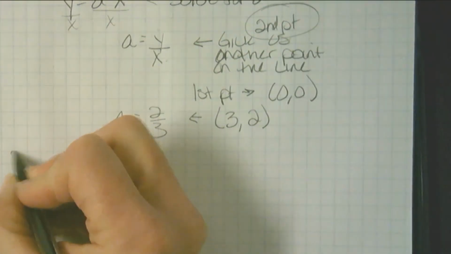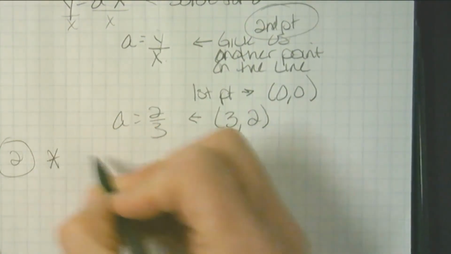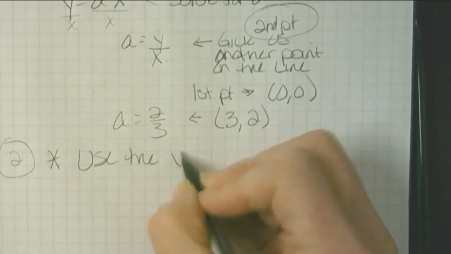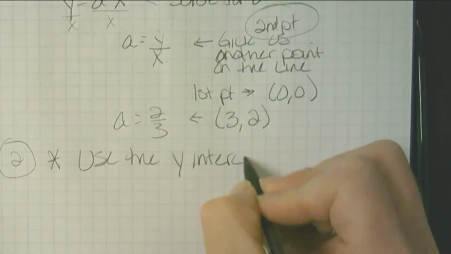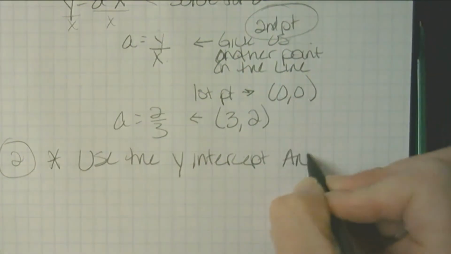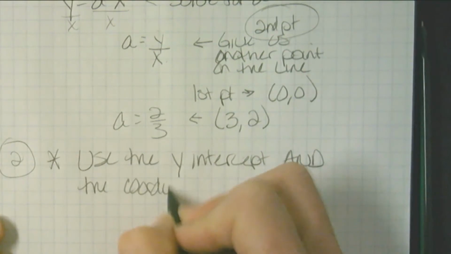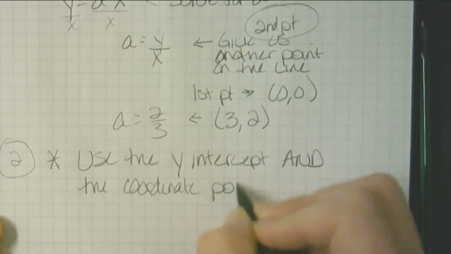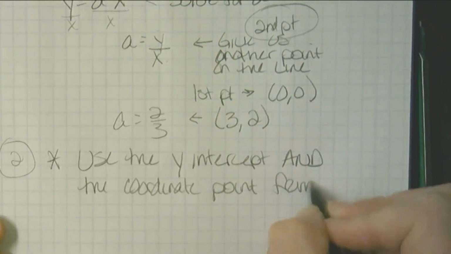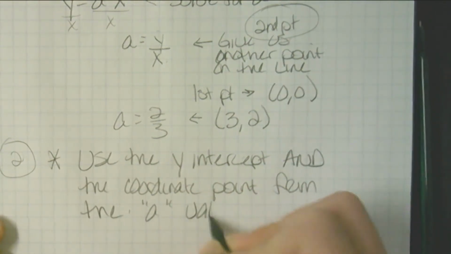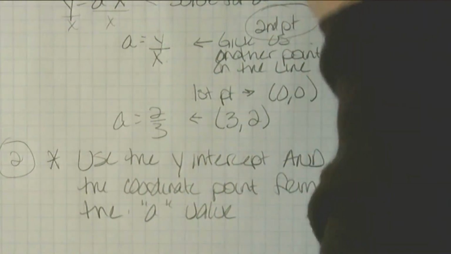All right, so my second method in graphing is use the y-intercept and the coordinate point from the a value. You only need to graph those 2 points.